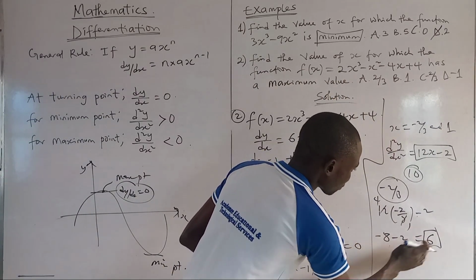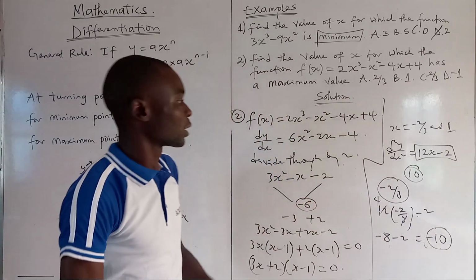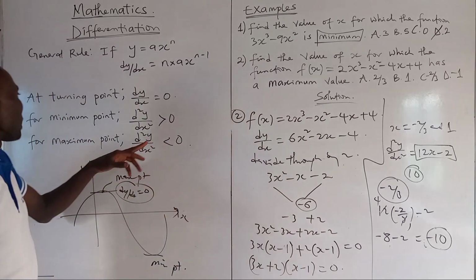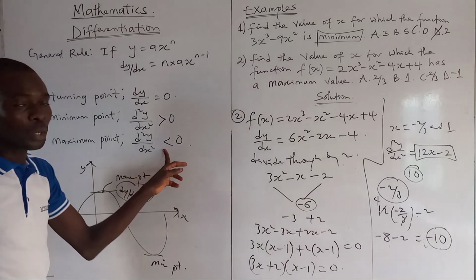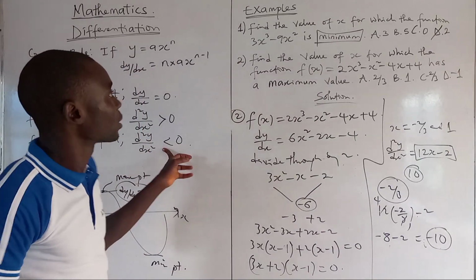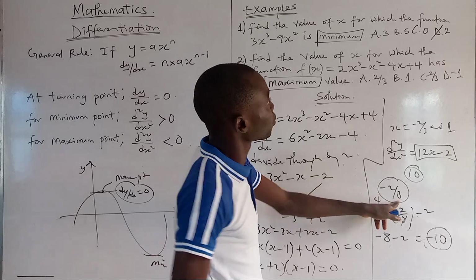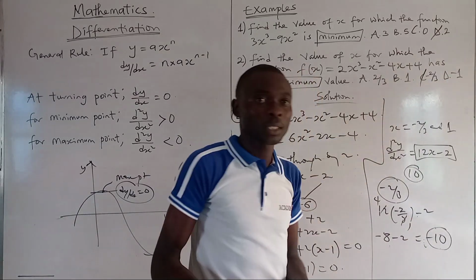And minus 8 minus 2 is going to give us minus 10. So having minus 10 is a number that is less than 0. When your second differential is less than 0, that means it's going to be a maximum point. Hence, the point minus 2 over 3 is the correct answer.